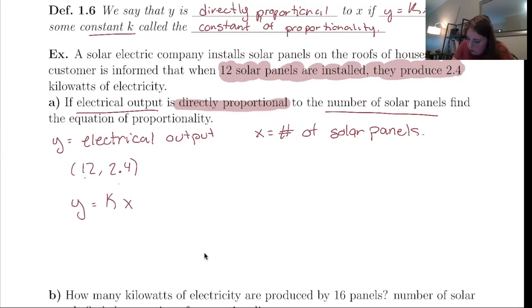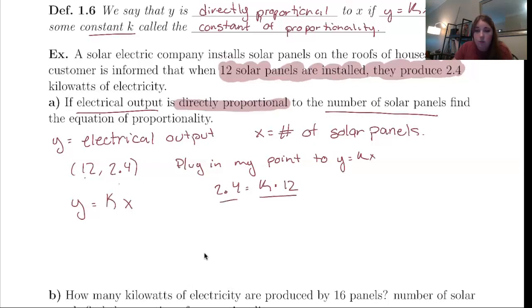So I'm going to plug my point into the equation. Okay, so I'm given 2.4 equals k times 12.